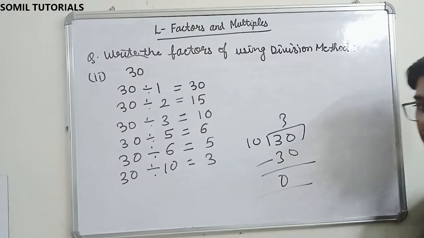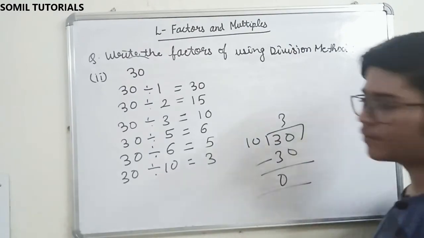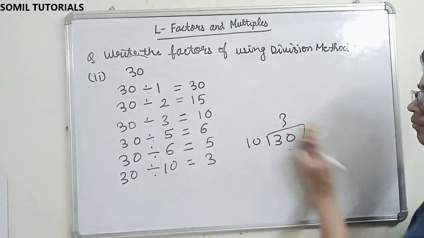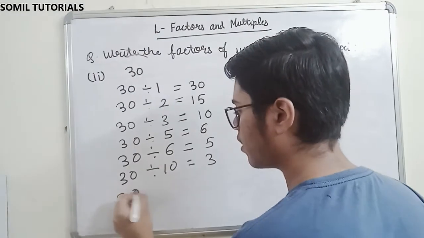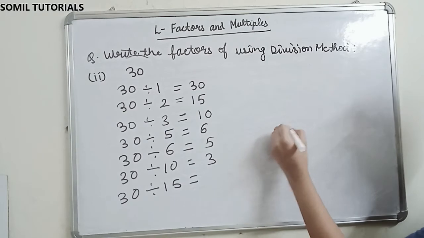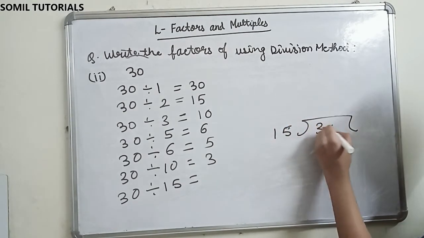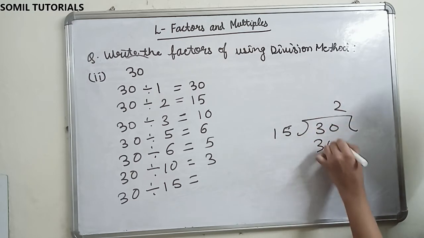11 never comes. 12 also never comes. 13, 14 never comes. Let us try for 15. Okay, we are trying for 15. 30 divided by 15. 15 2s are 30.